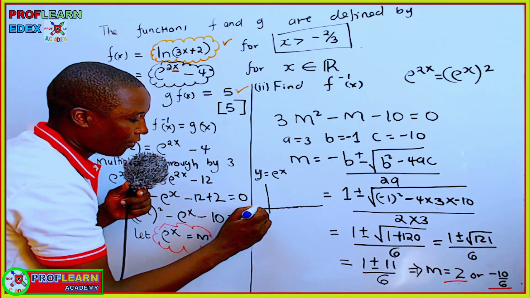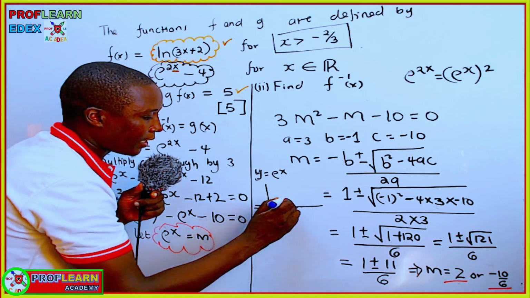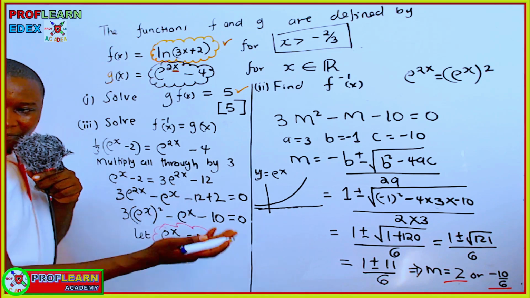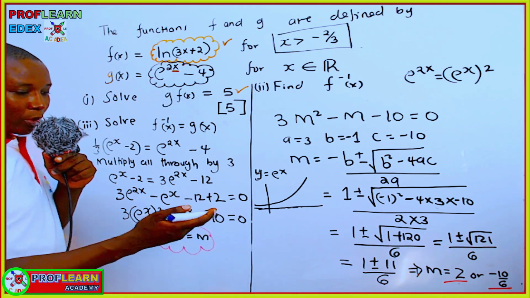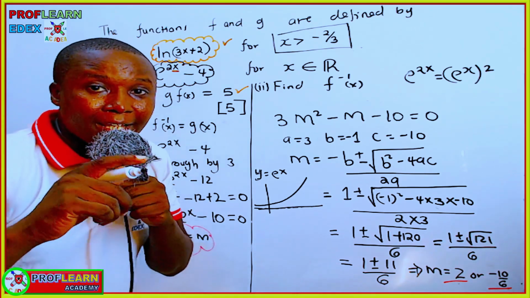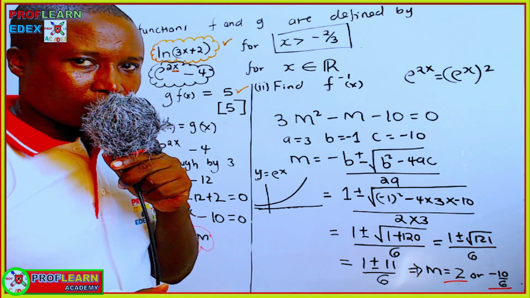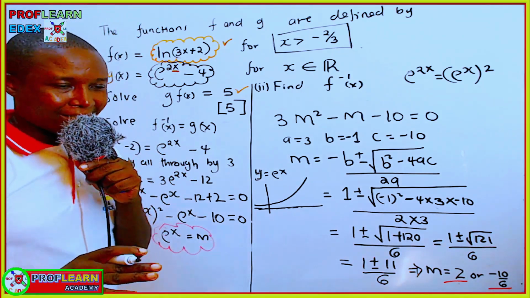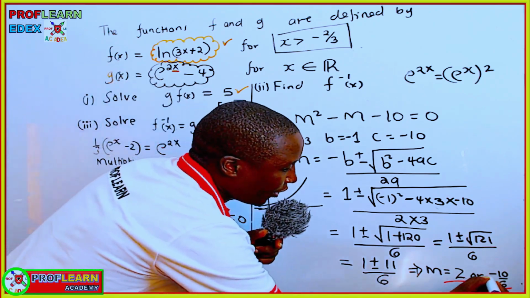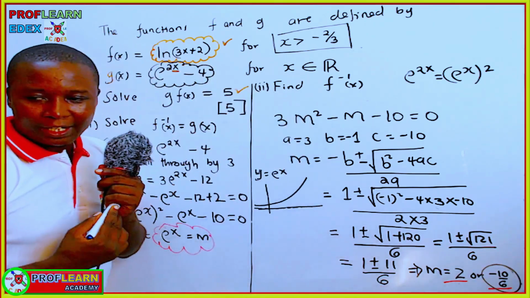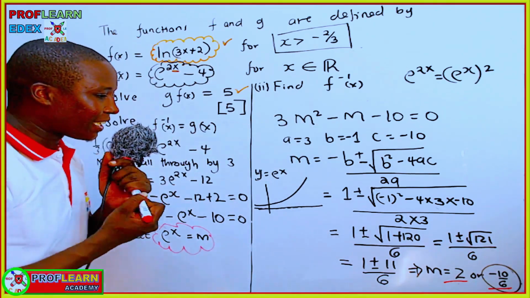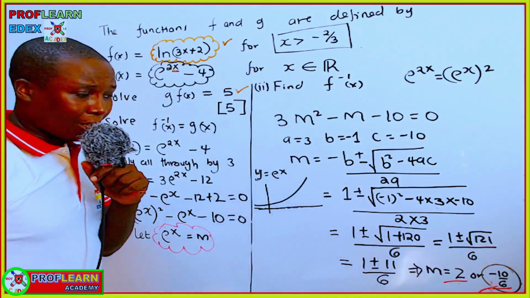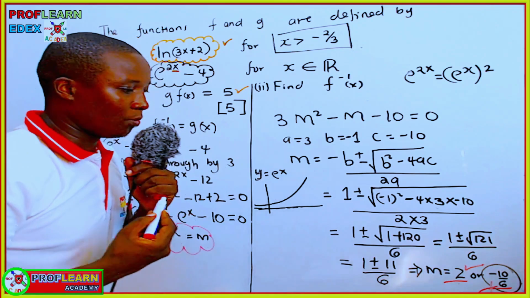So this graph can never go below the x-axis, which means an exponential function cannot be 0 and cannot be a negative number. So we are going to ignore this and not consider it in any circumstance. Our correct answer is actually 2 in that case.